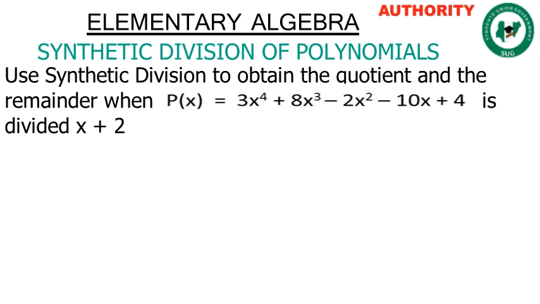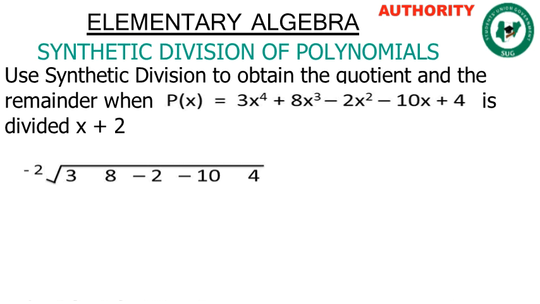We are using 3, 8, minus 2, minus 10, and plus 4 as our dividend. That is what we're going to write inside our division sign. For our divisor, we say x plus 2 equal to 0. Make x the subject: we send plus 2 to the other side, where it becomes minus, so x is equal to minus 2.